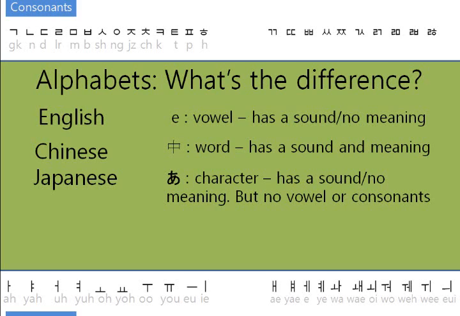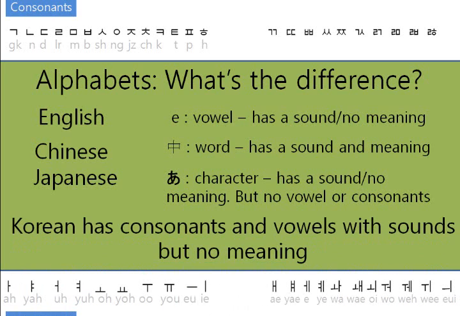If you have limited characters with sound, there will be limits. Instead of a combination of consonants and vowels, if you just have characters, then you have limits in making sounds.